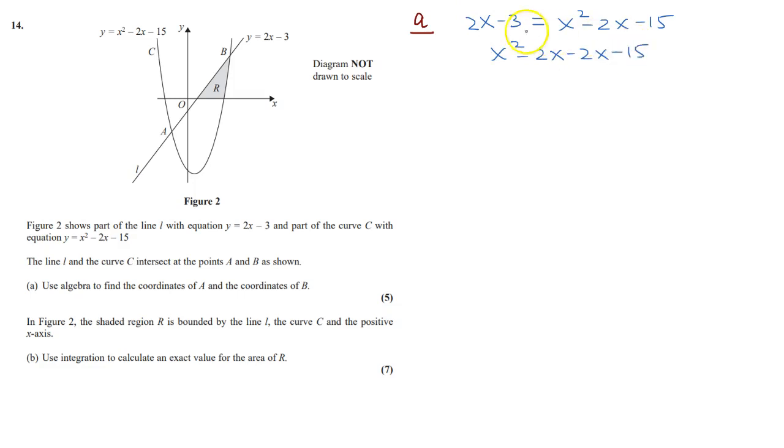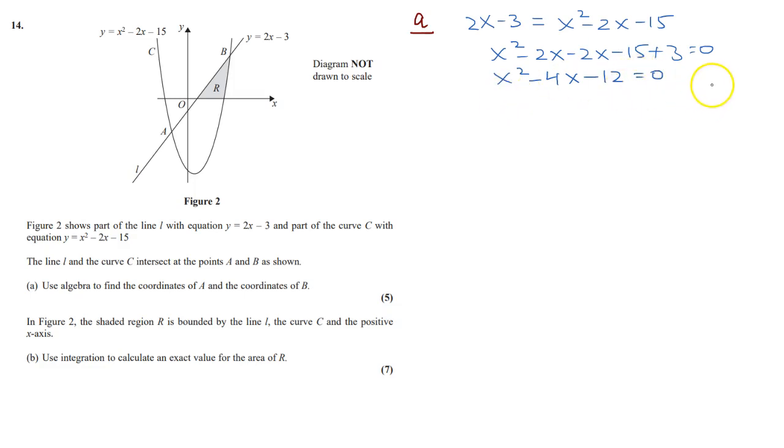This is minus 15, this 3 will go, it will become minus 12 is equal to 0. So this is x square minus 4x minus 12 is equal to 0. Now this is a quadratic equation. We can simplify this.